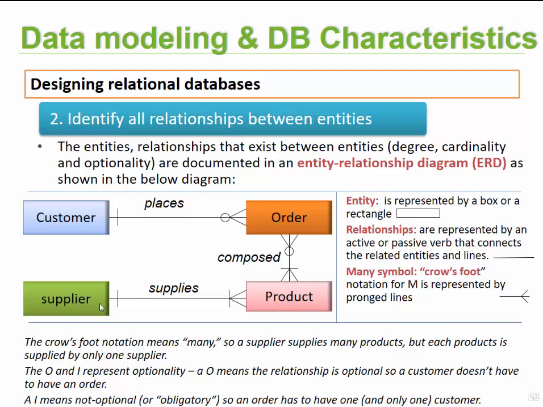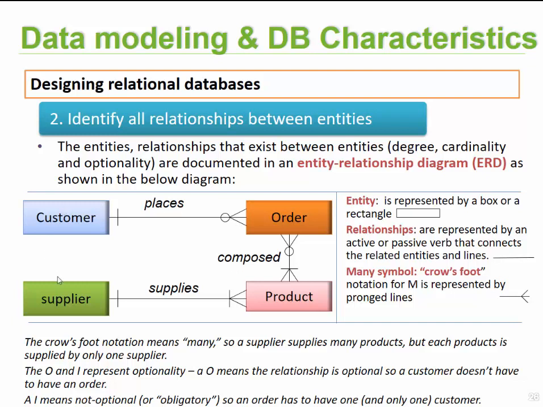And then if we look at supplier and product, we see that it's one-to-many as well. If we look at the optionality, we see that if it's represented by a small line, it's required, so it should have a link or it should have a record associated with it. Or it might be optional, meaning that it doesn't require that.